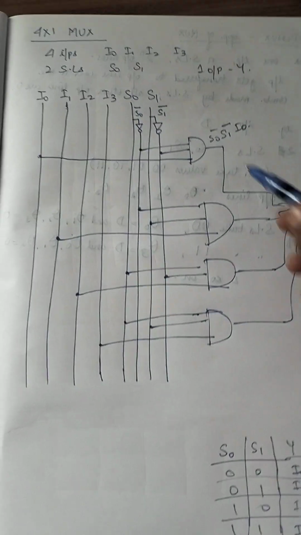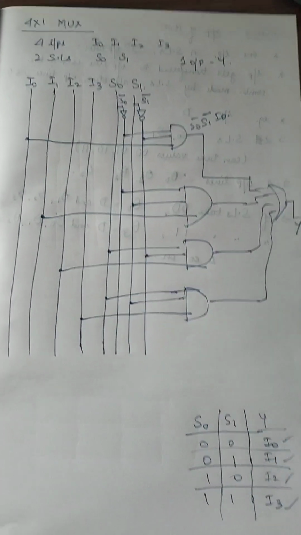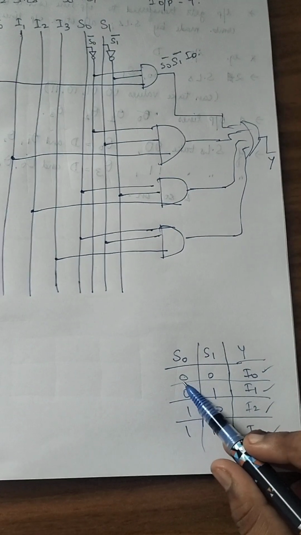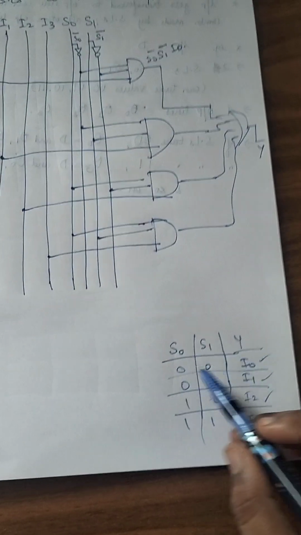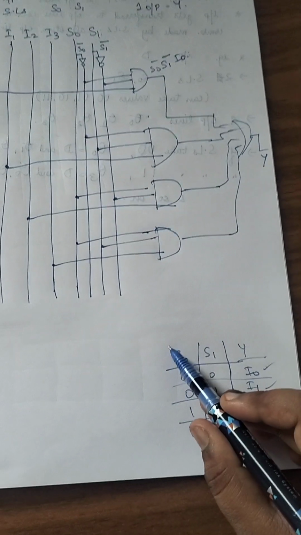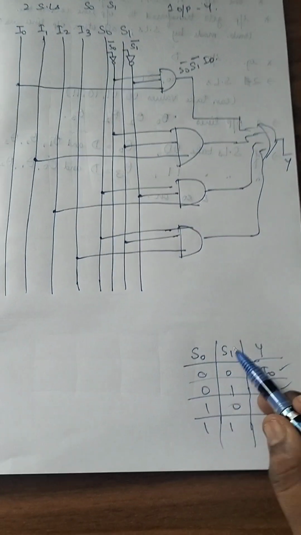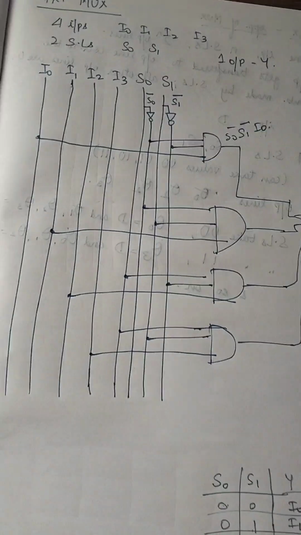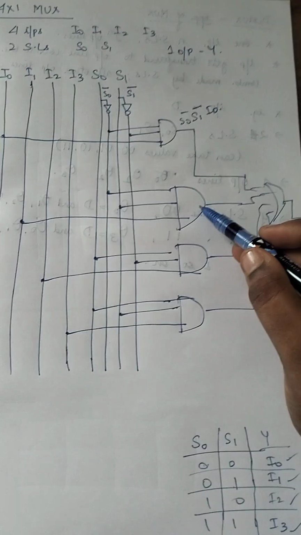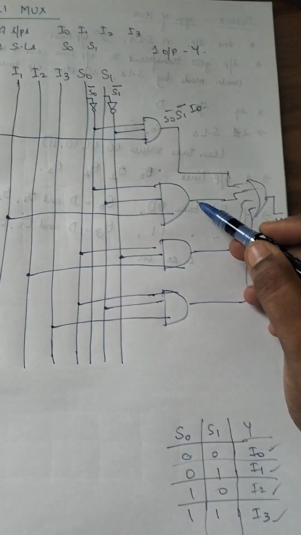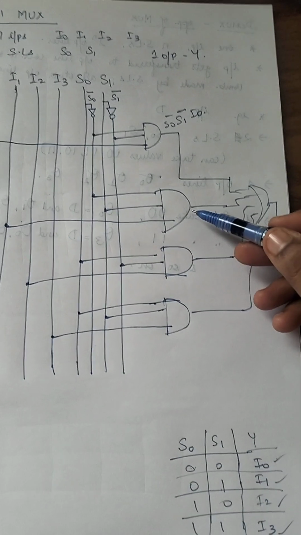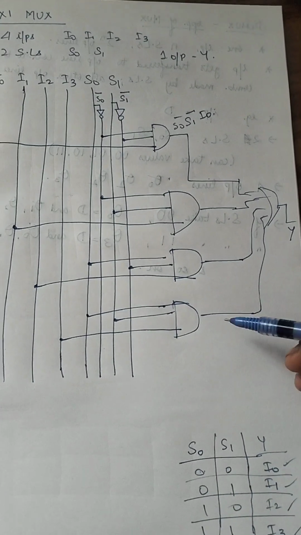So the only catch here is identifying this expression. How do you do it? You just take this truth table, and wherever you have 0, you replace it by the complement of that selection line. Wherever you have a 1, you just put that selection line right there. So what would be the expression for this? I would invite you to pause and frame the expressions for these 3 first and then check.